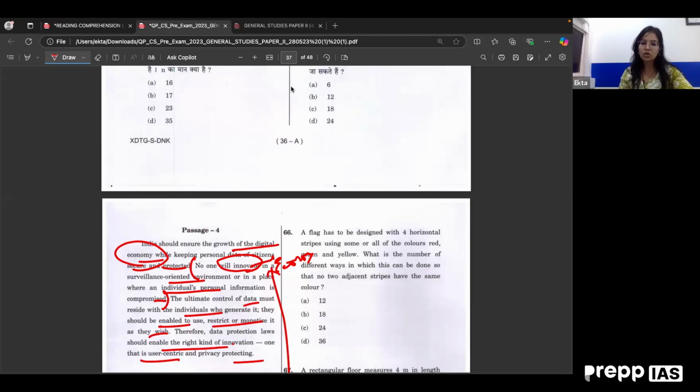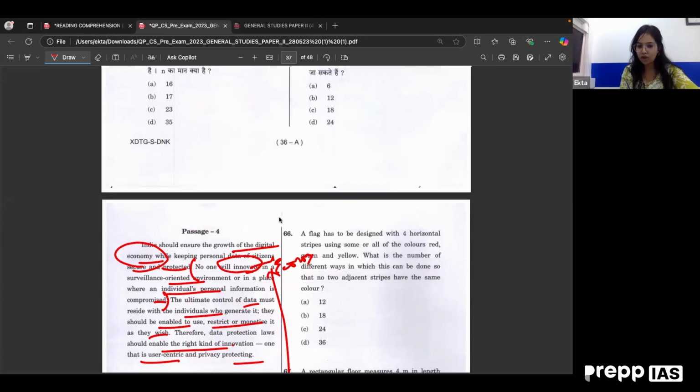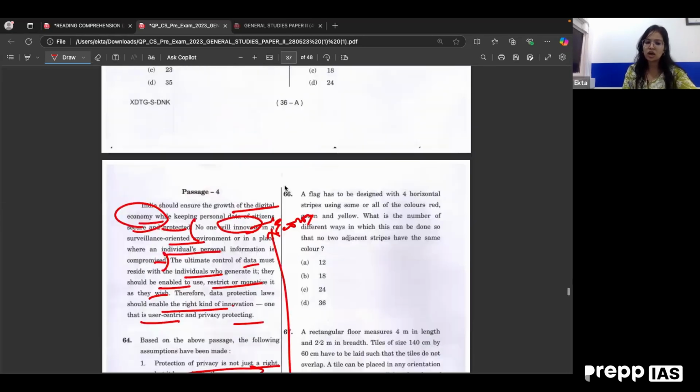Tomorrow we'll also solve the questions of 2022 and 2021 from the topic of assumption, because most of the questions are asked from this topic itself. That is going to be the agenda for tomorrow's session: 2022 and 2021 UPSC papers, reading comprehension section, and tone and corollary keywords.